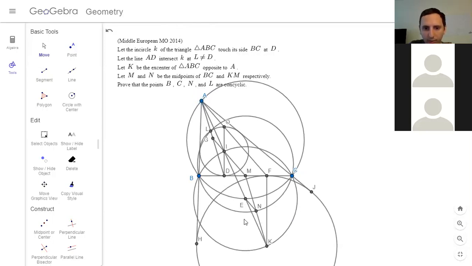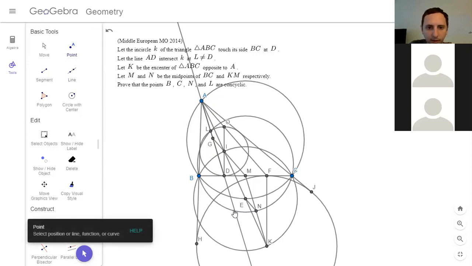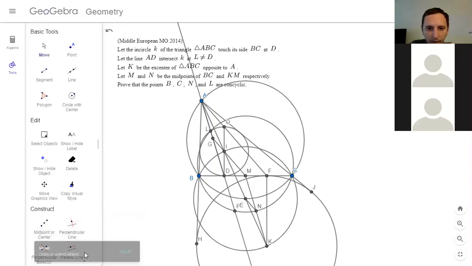So first, if we let AD, I think it's a well-known theorem. If AD meets this circle, oh no, it's not that obvious. But basically, we want to reflect N over the perpendicular bisector of BC, and then AD and that point should be collinear.